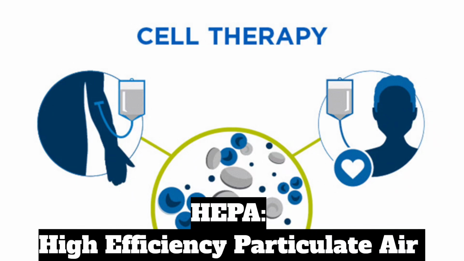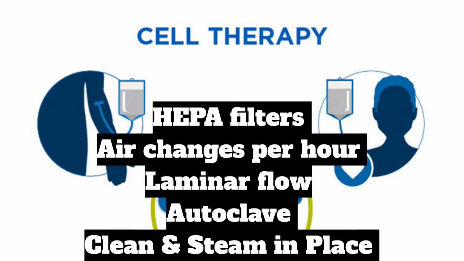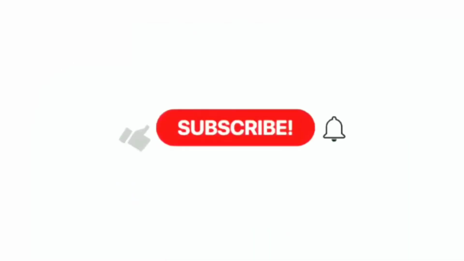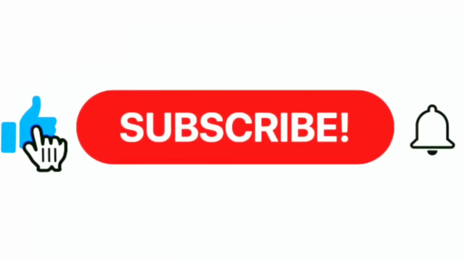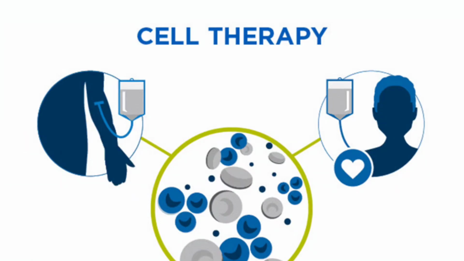HEPA filters are the things that they recommend. Air changes per hour. There can be laminar airflow, autoclave, clean in place, and steam in place. Are you getting what I'm trying to say? So these are the examples: HEPA filter, air changes per hour, laminar flow, autoclave, clean in place, and steam in place.